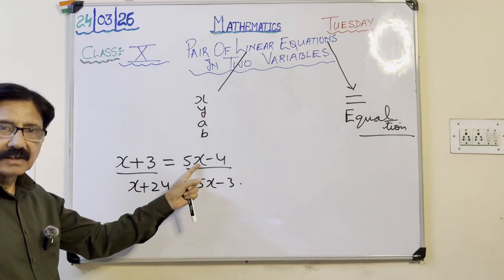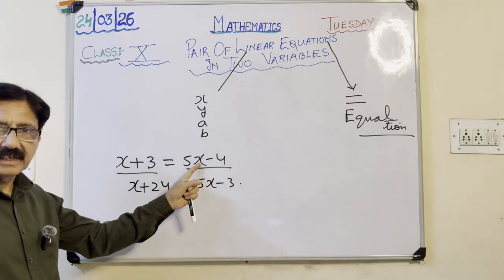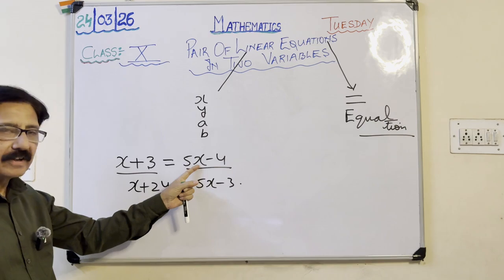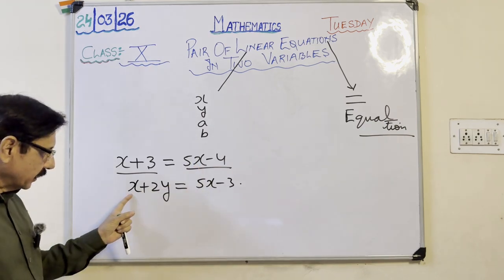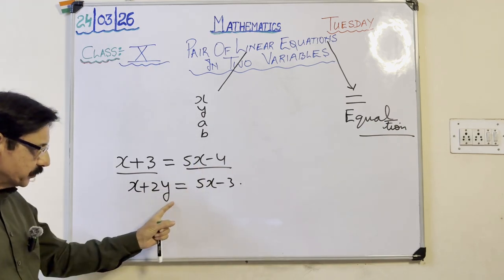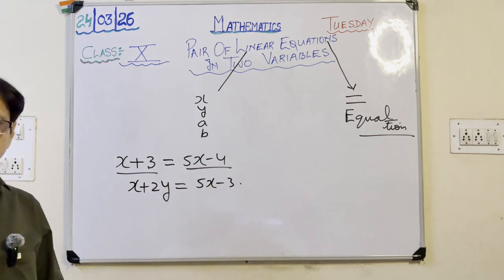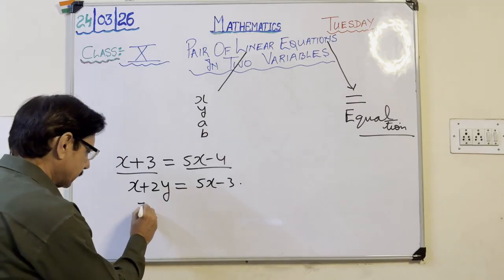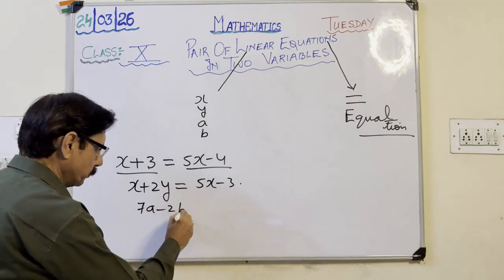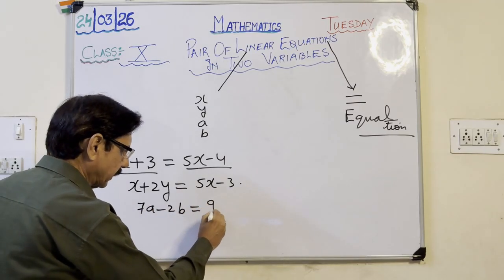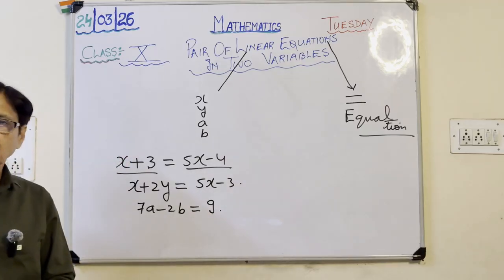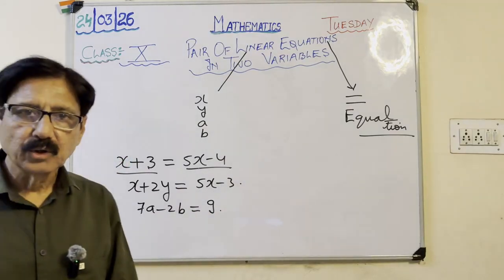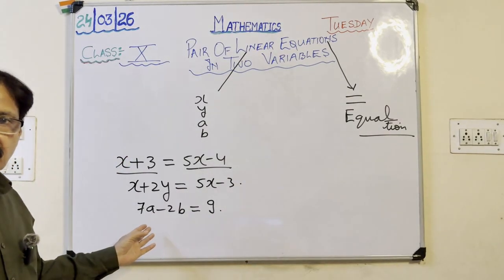In the other one, a variable is there and the same variable is there, so that is a linear equation in one variable. Here we are using two different alphabets, x and y or a and b. If I write like 7a minus 2b equals to 9, this is also a linear equation in two variables, right?